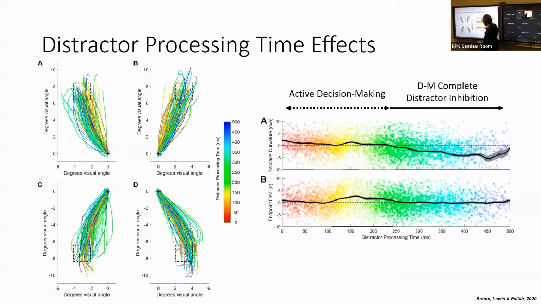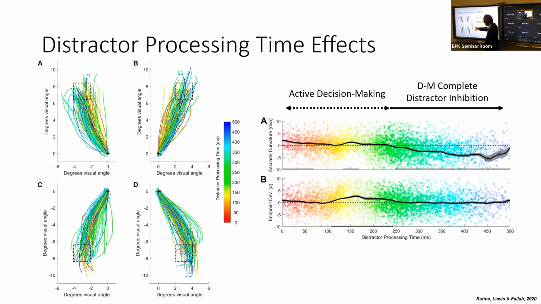After a certain point, you've made that decision. The decision-making is over. That's when you can start inhibiting it. You cannot start inhibiting the distractor until you're certain it is the distractor. Pretty simple rule there. And so in the early phases, we've got curvature towards the distractor. And then after decision-making is over, distractor inhibition starts, and you've got curvature away from the distractor for saccade curvatures.